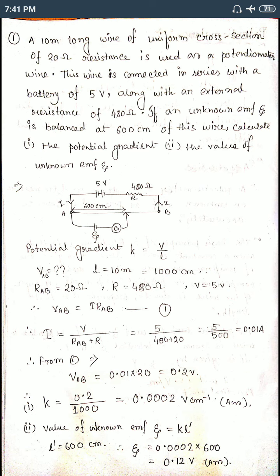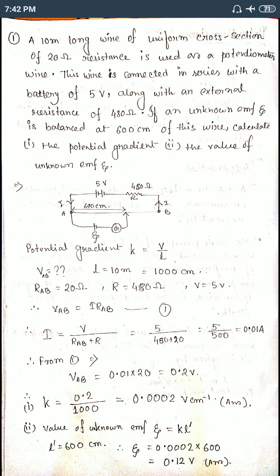L dash equals 600 centimeter. So in this case you just forget that 5 volt, that 480 ohm. Only this portion, that A, that is connected with an unknown EMF E, galvanometer, and the null point. That distance will be the length L dash.